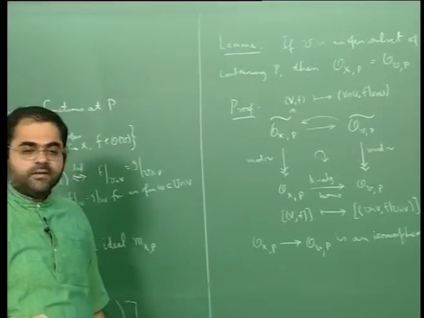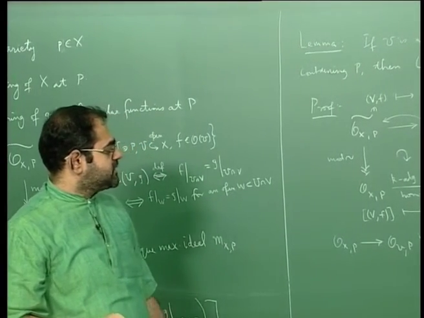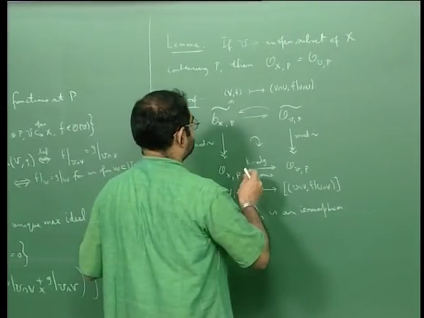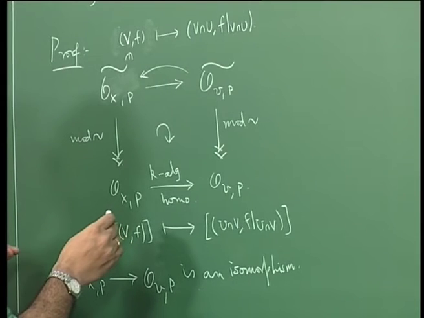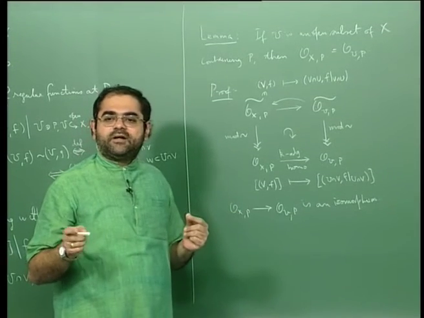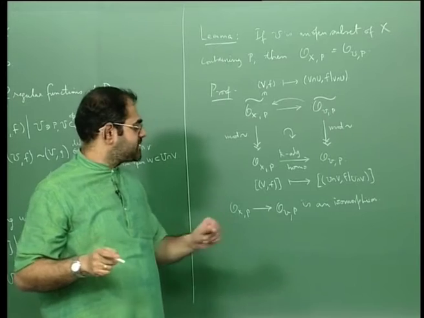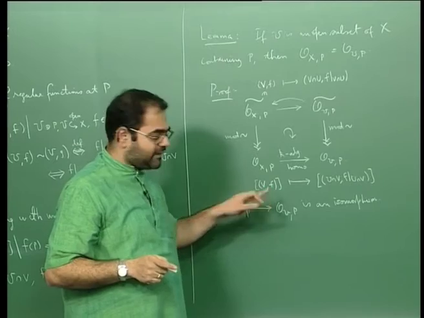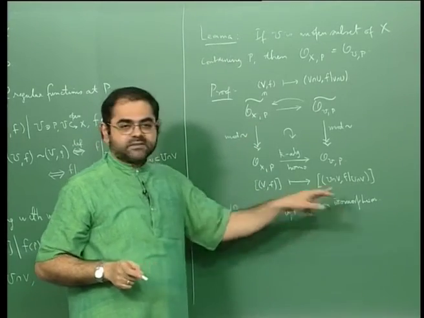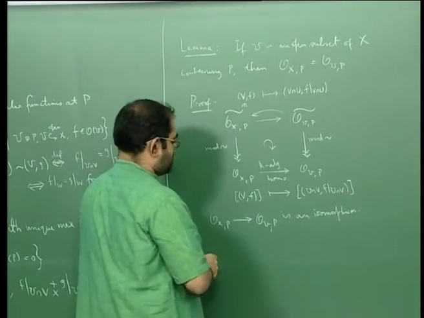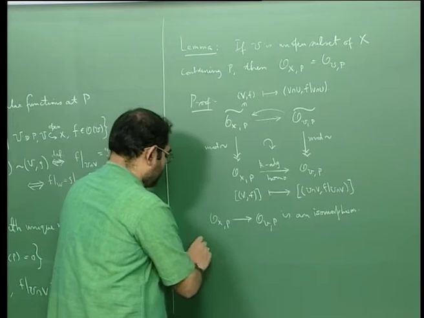It is obviously an isomorphism, but we tend to treat it as an equality, with the understanding that you are literally taking the germ of the same function but restricted to a smaller neighbourhood. So that is the proof of this lemma.